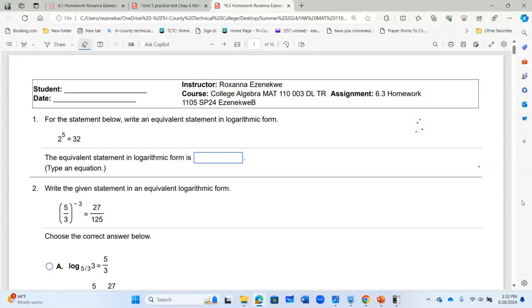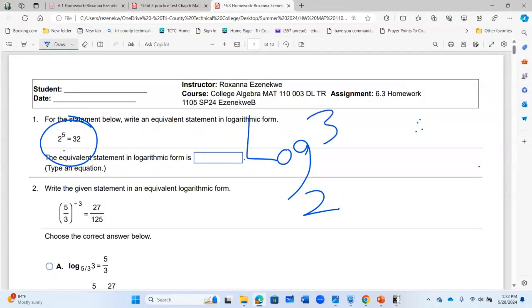Okay. So if I'm told to change this exponential function to a logarithmic function, I will say log to base 2, because the base of the exponential function is the same as the base of the logarithmic function, of 32 is equal to 5, the exponent of the function.